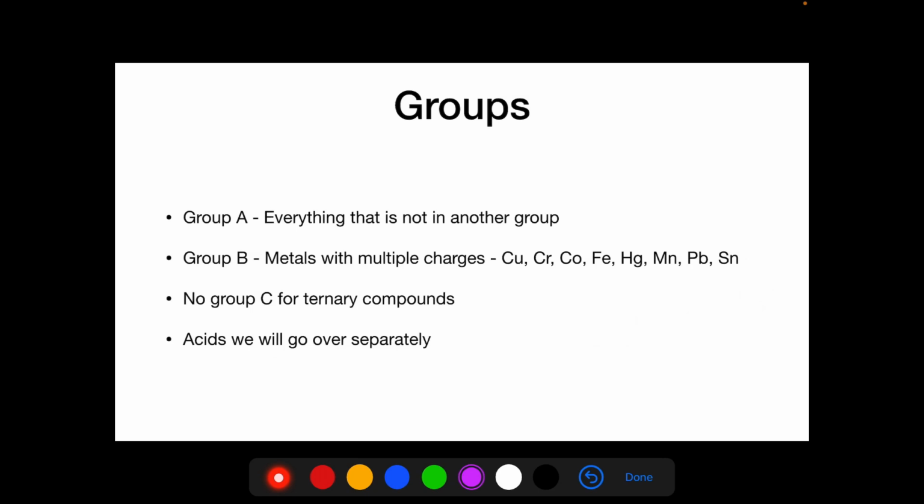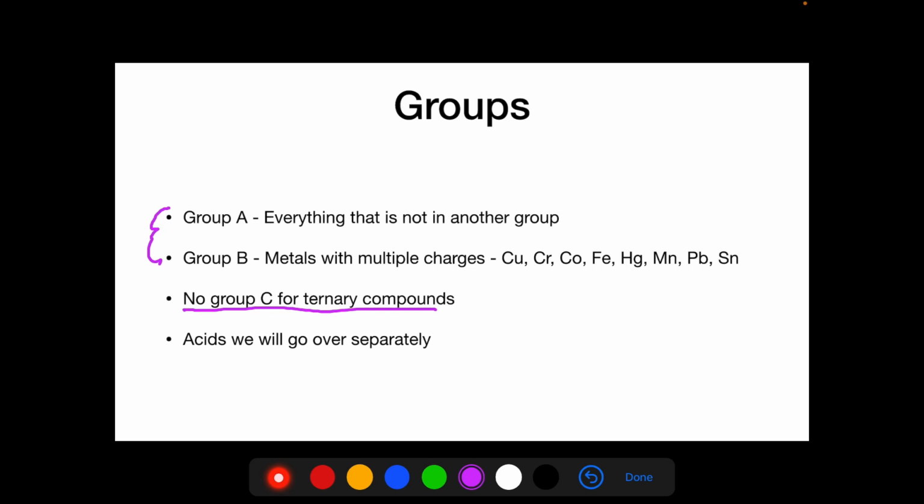When we deal with naming groups for polyatomic ion compounds or ternary compounds, we're only going to look at groups A and B. There aren't any group C's that form ternary compounds, and acids is a separate beast that we'll look at differently. So again, group A is everything that's not in another group.